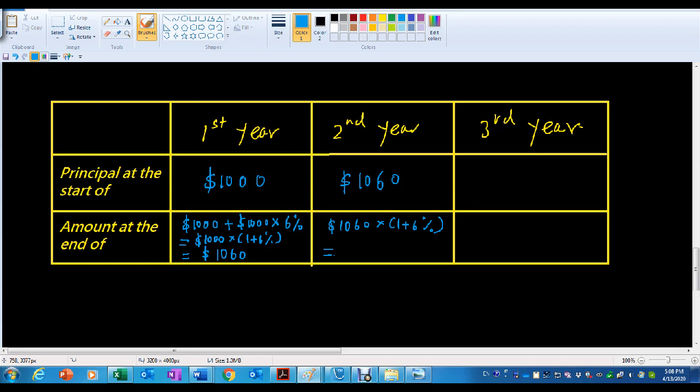That will give you the amount. And the third year, again, you need to update the amount, the new principal becomes this one, and the amount at the end of that year would be this one.